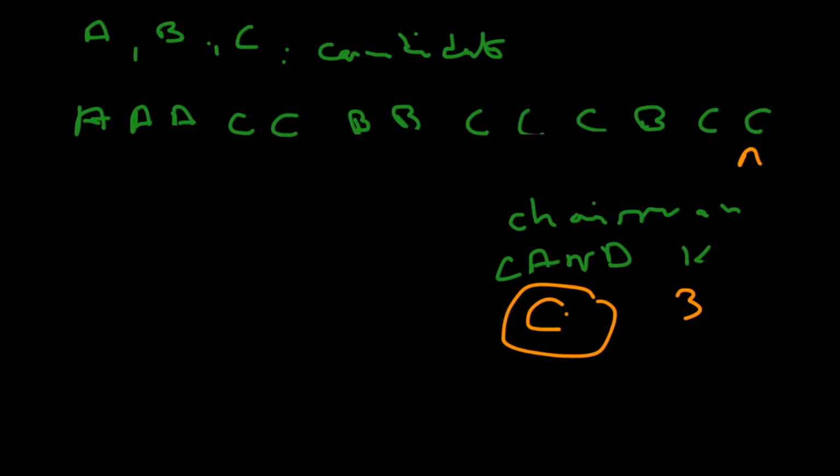Now, why do we keep saying if there is one? Let me give you a counter example where we can find the candidate at the end of the algorithm, but it's not the majority. So let's do that in an example here.